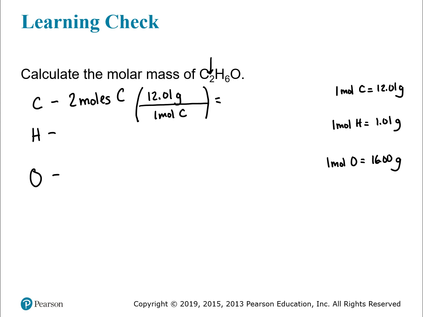Same thing. You'll get pretty much the same answer no matter what you do. When you multiply it out for the first one, you're doing 2 moles times 12.01 grams over 1 mole. The moles cancel, and you're left with grams. So that's how much carbon is in 1 mole of this molecule.